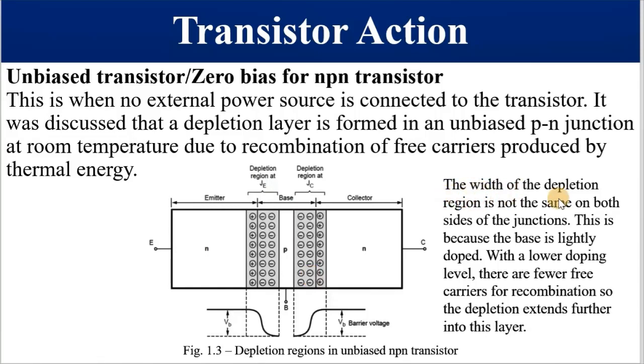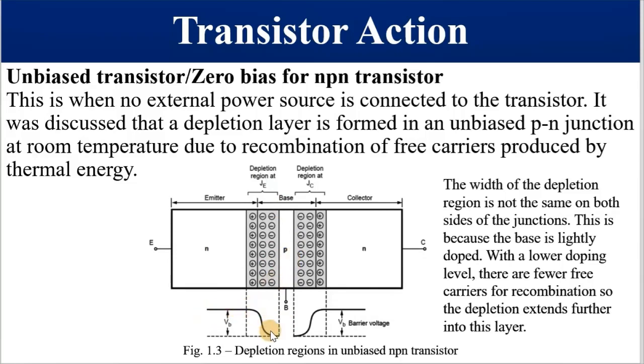So the width of the depletion region is not the same on both sides of the junction. Why? Because electrons are going to spread more into the base, looking for holes to recombine with, and holes are scarce in the P-type material because it is slightly doped.